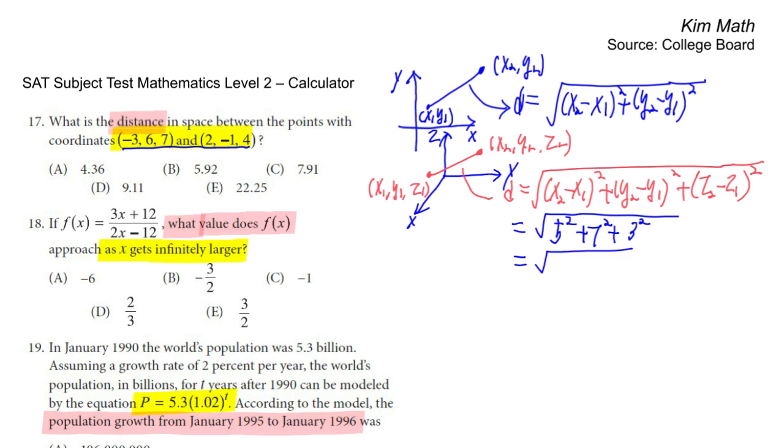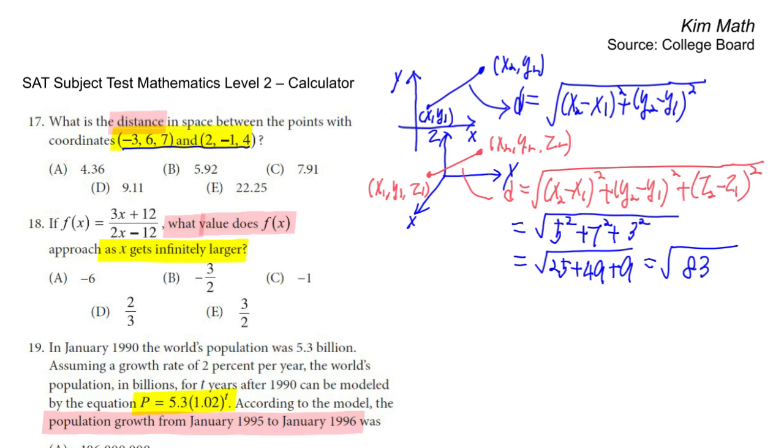So this is 25, 49, 9. 58 plus 25 will be 83, right? We must find the value of square root of 83.